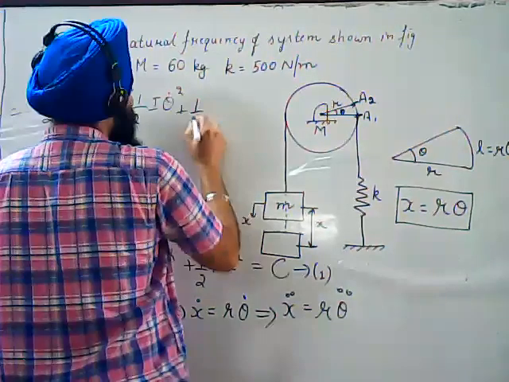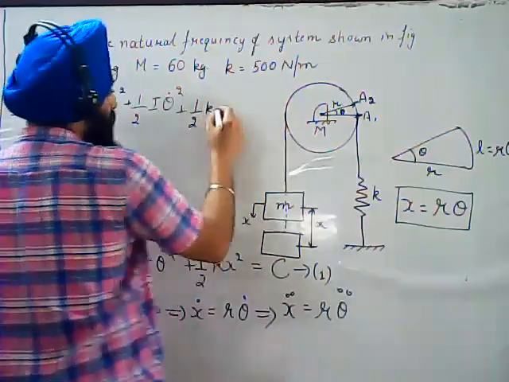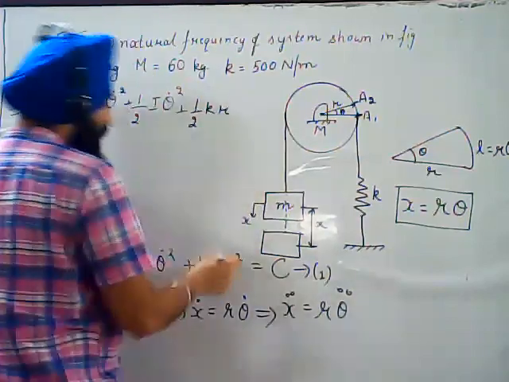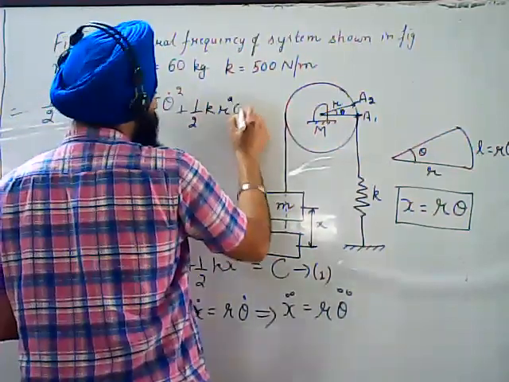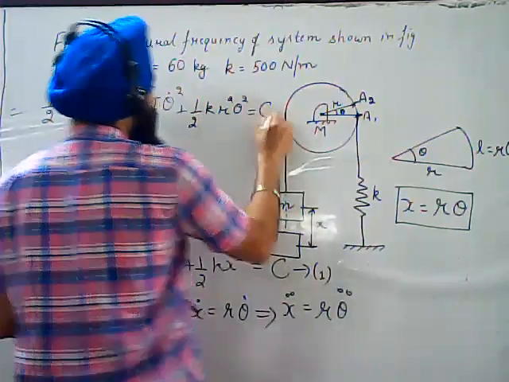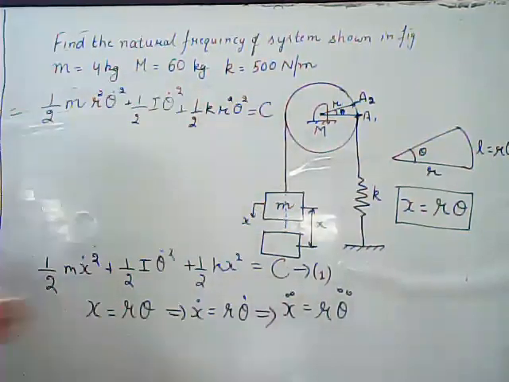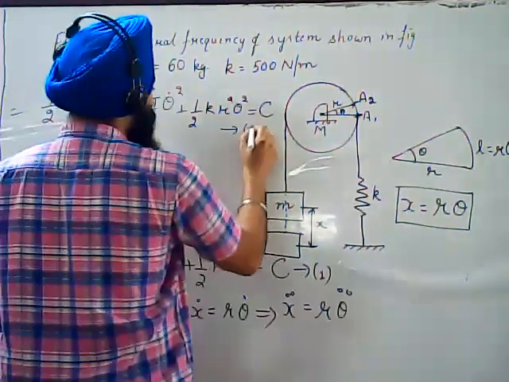The value of x is r into theta, so x square will be r square into theta square. This will be constant. Let it be equation number 2.